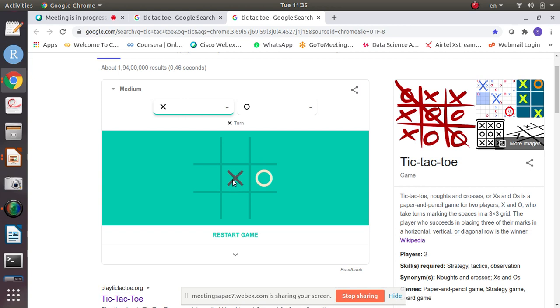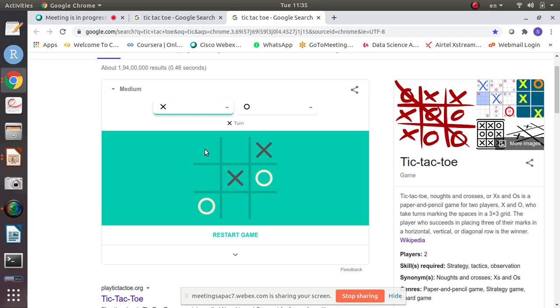Yes, cross mark is placed here, and immediately computer came out with its selection that it selected this cell. Now let me select this cell, and immediately computer thought that if that leaves this cell blank, then I can select this diagonal and win the game. So it blocked me by selecting this cell.